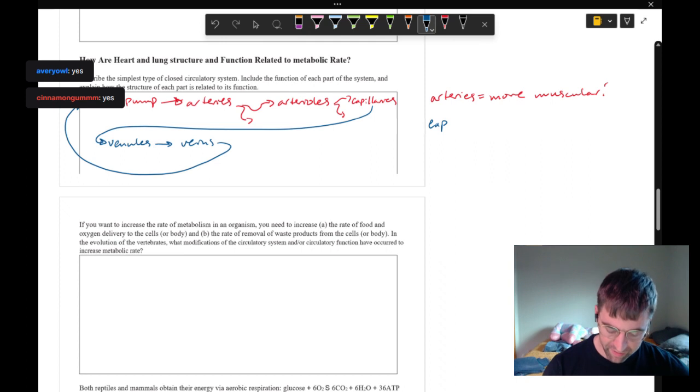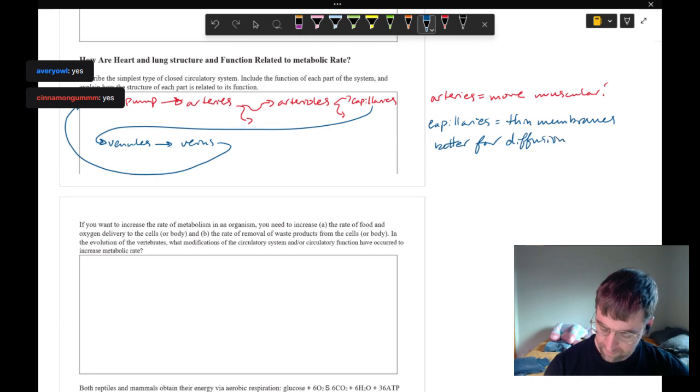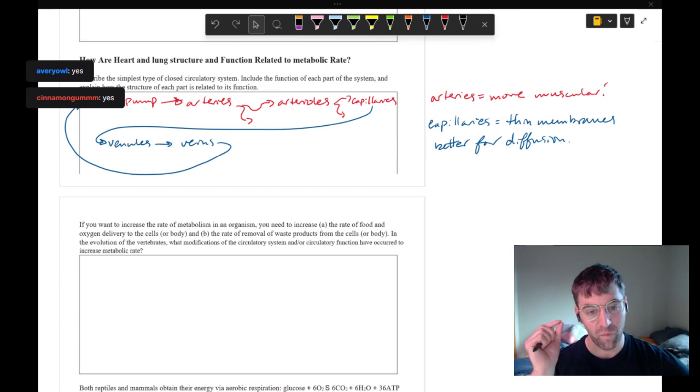Veins, but especially capillaries, have very thin membranes, better for diffusion. Capillaries can be one cell wall thick. They're very, very itty bitty and allow for that diffusion.